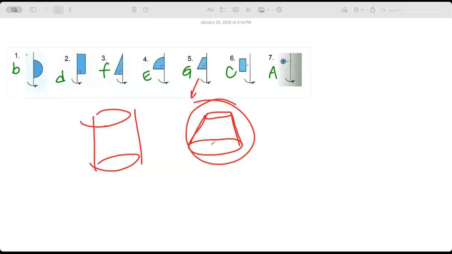Why? The base is your starting point. Just because of this shape, you cannot call it trapezoidal. You always start with your base shape. You can call this a circular prism. So this cannot be a trapezoidal cylinder. I will check and tell.